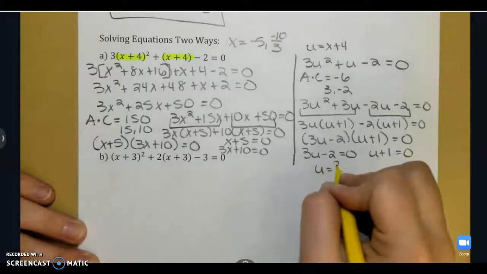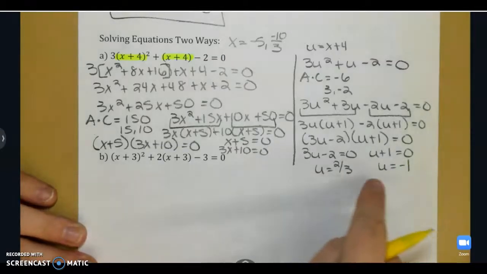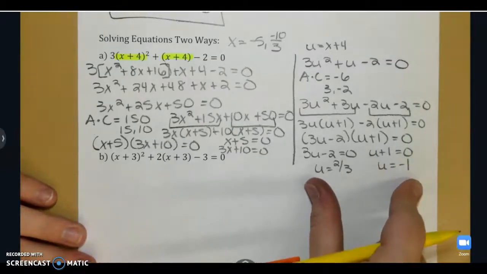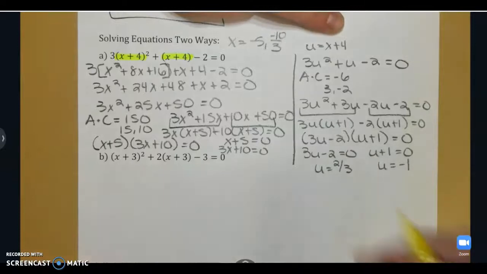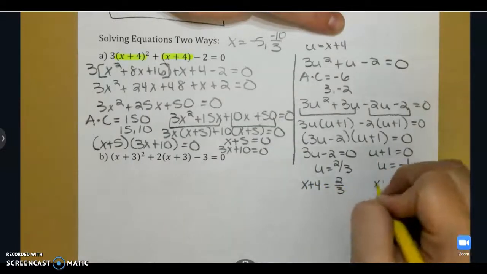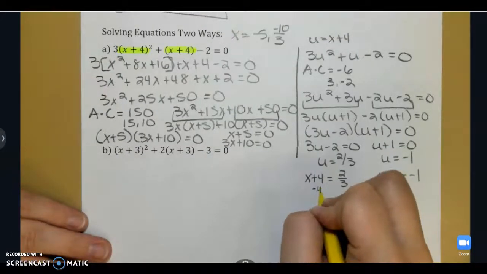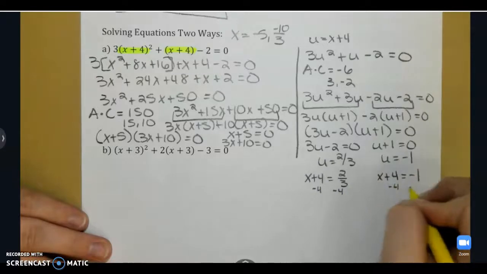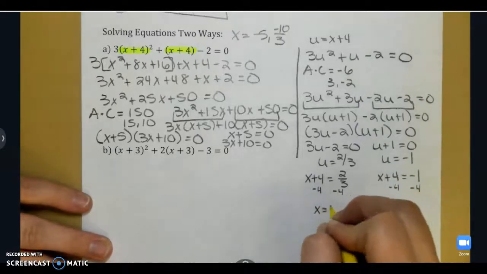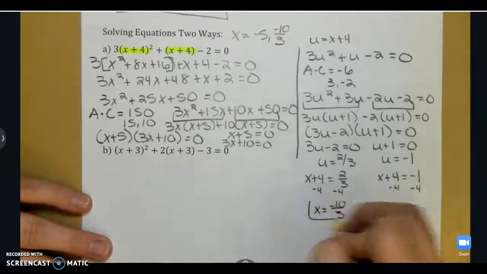So u could be 2/3 or u could be -1. But I'm still wanting to solve for x. So once I get to this point, I can plug in x plus 4 back in the place of u. And now I just need to subtract 4 from both equations, and I get the same answers.